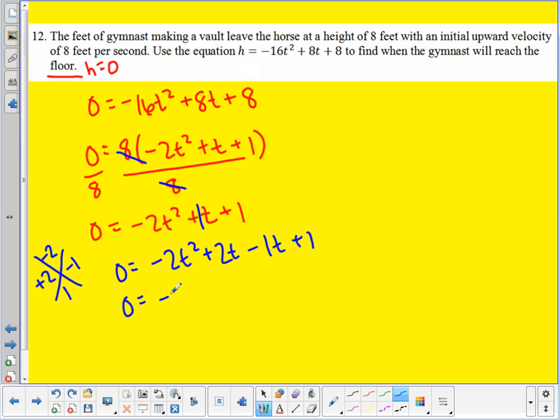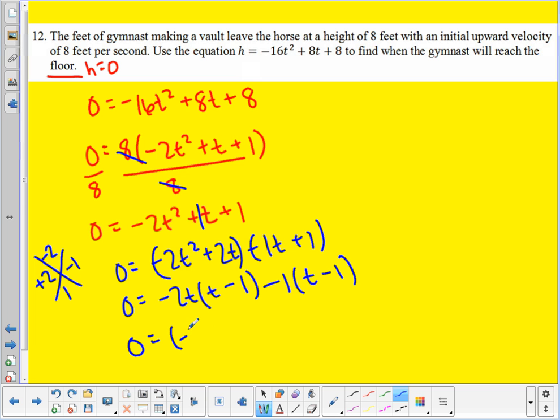So I have negative 2t, and then that leaves me with t plus negative 1. 2t divided by negative 2t gives me negative 1. So then from the second group, from the second group, I would need to take out a negative 1 because that would leave me with positive t minus 1. So I have negative 2t minus 1 and t minus 1.